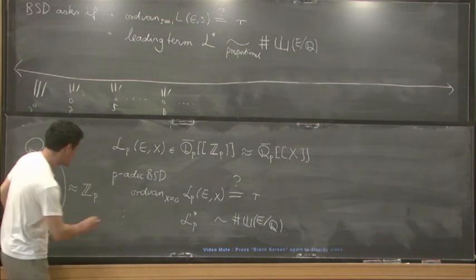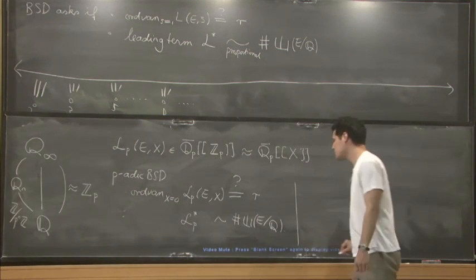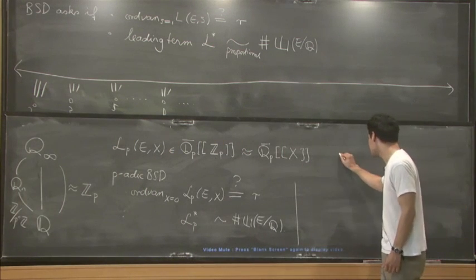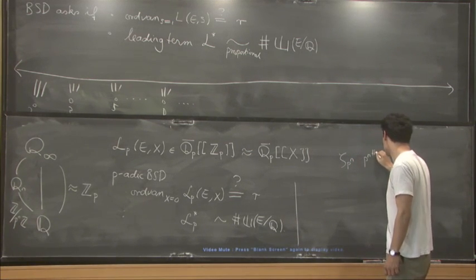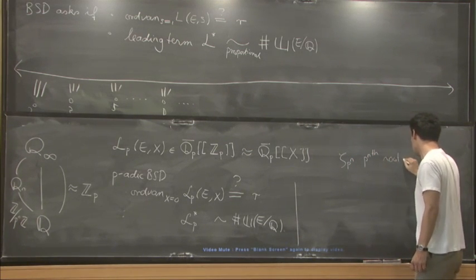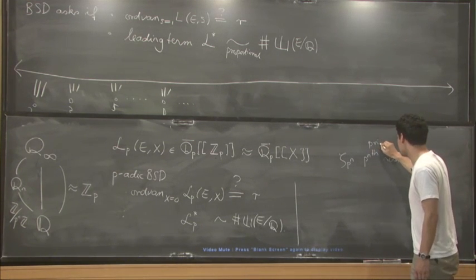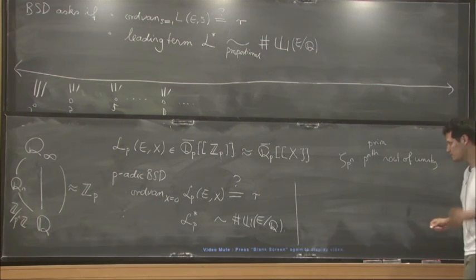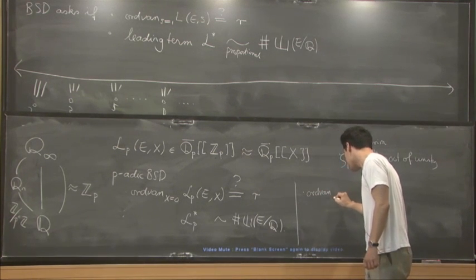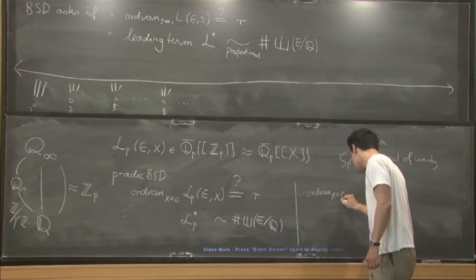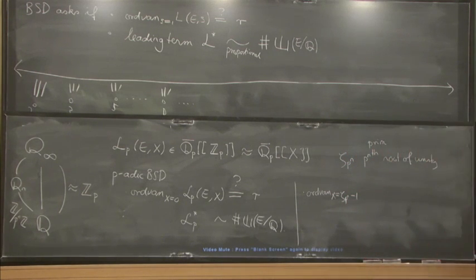So the conjecture doesn't really end here. You can also ask if you take a primitive p to the nth root of unity, what's the order of vanishing at zeta_{p^n} minus 1?